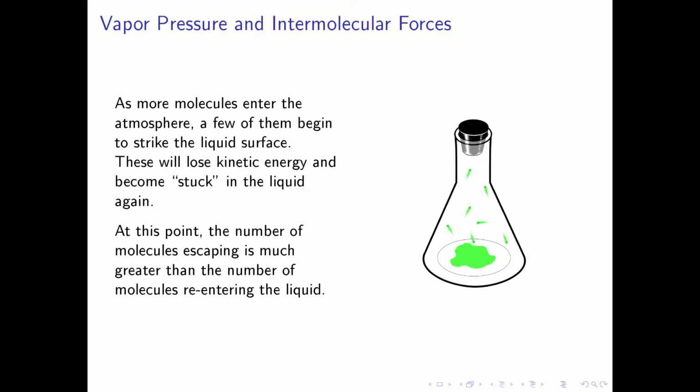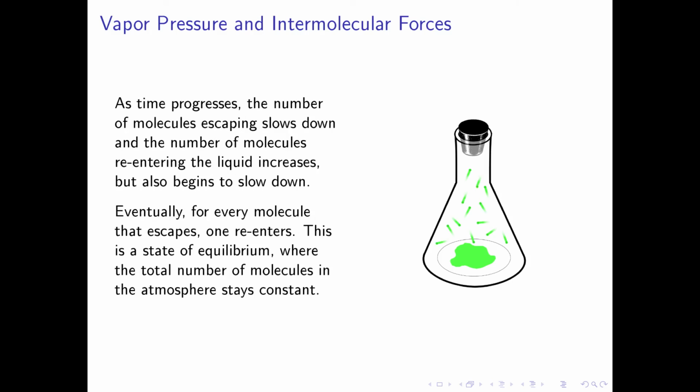As more molecules enter the atmosphere, a few of them begin to strike the surface of the liquid. These will lose kinetic energy and become stuck in the liquid again. At this point, the number of molecules escaping is much greater than the number of molecules re-entering the liquid.